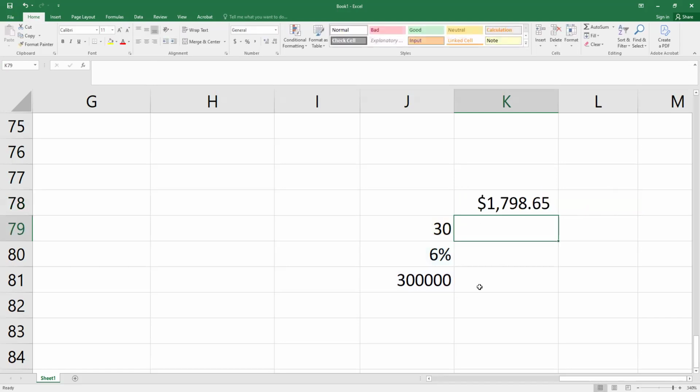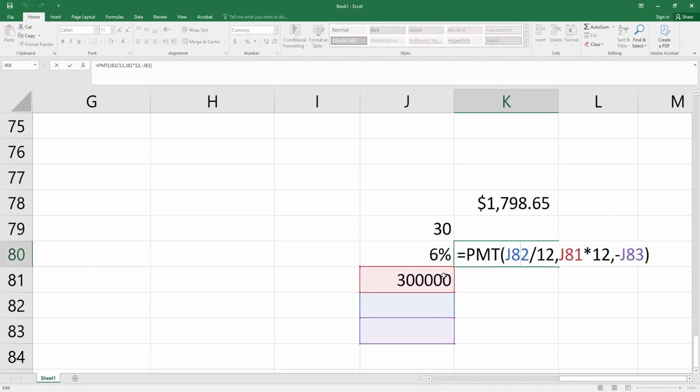That's your first total payment. But what if, how much it should be? How much it should be when it's 15 years?